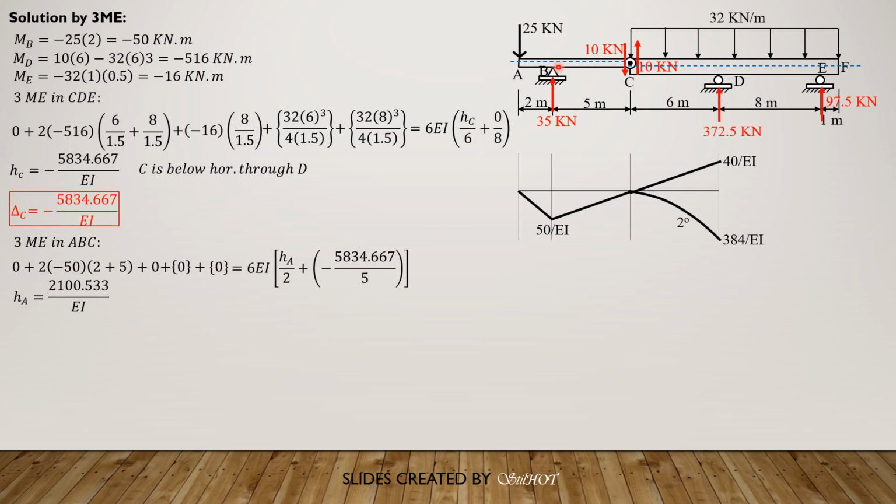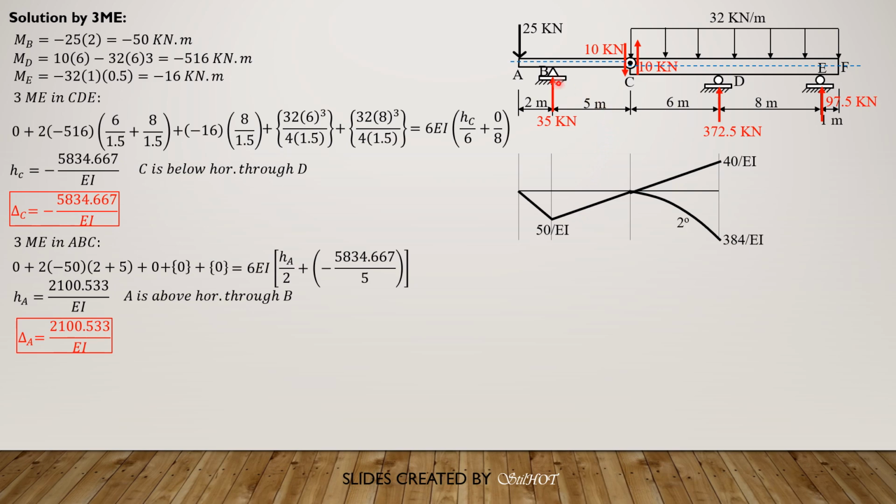Because HA is positive, it means point A is above the horizontal line through B, and therefore deflection at A is positive. So A is above the horizontal through point B, so delta A is positive 2100.533 over EI.